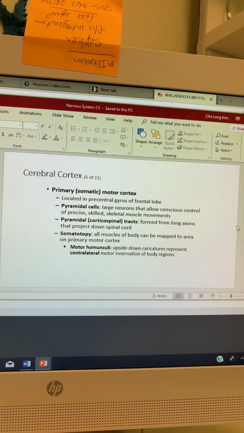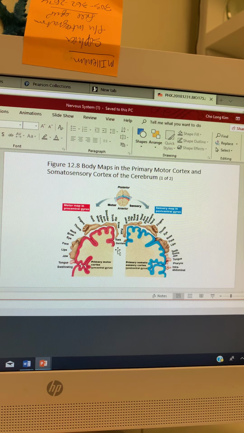The motor homunculus is an upside down caricature that represents contralateral motor innervation in the body regions. This is the homunculus that tells you which part of the brain controls, and is controlled by, which part of the body.